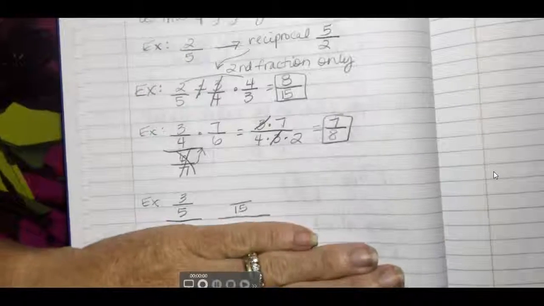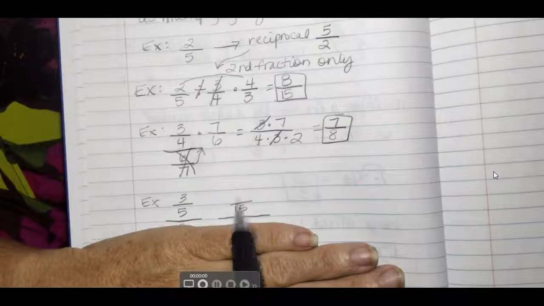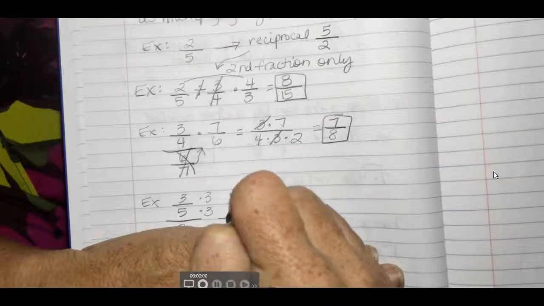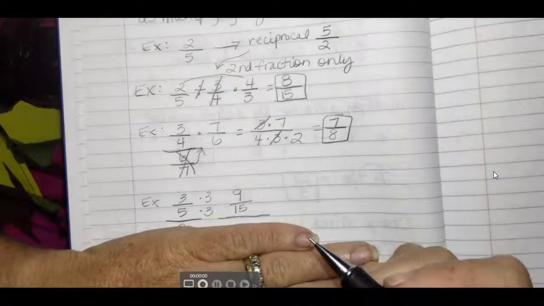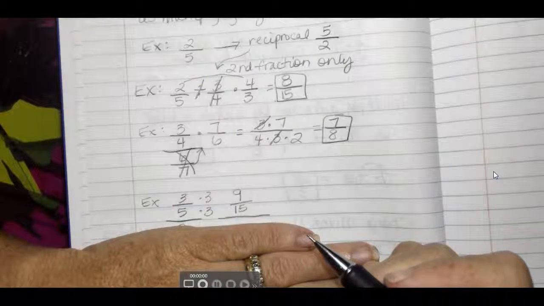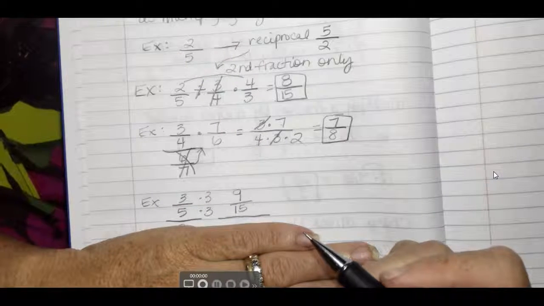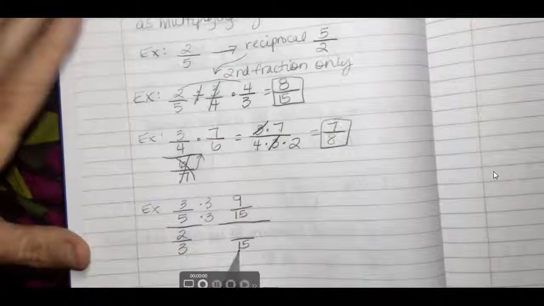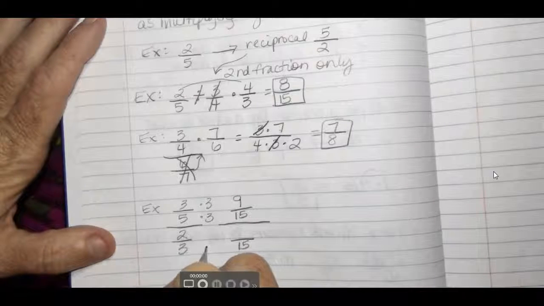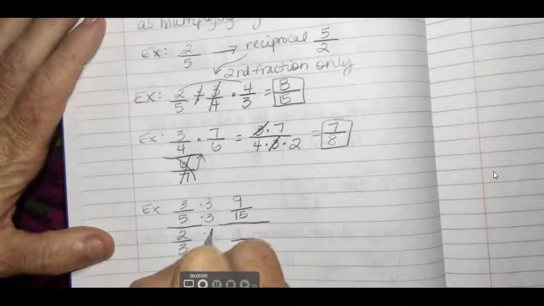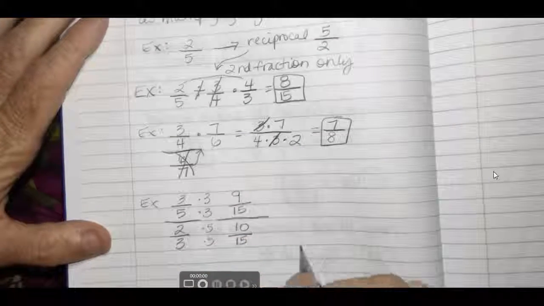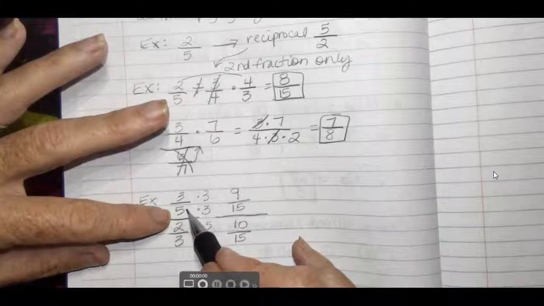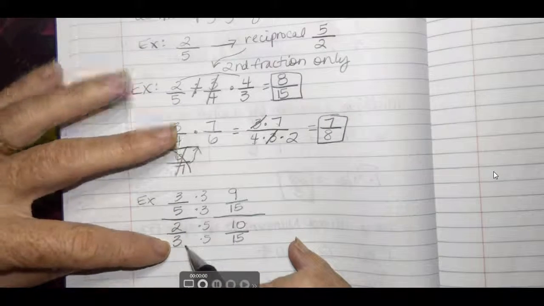Let's do these one at a time. What do you have to do to get 5 to become 15? Multiply by 3. So what's 3 times 3? 9. Okay. Everybody have that? I'm going to show you some magic here in a second. And then how do you get from 3 to 15? Multiply by 5. What's 2 times 5? 10. Okay, so these are equivalent fractions, right? 9/15 is equivalent to 3/5. 10/15 is equivalent to 2/3, yeah?